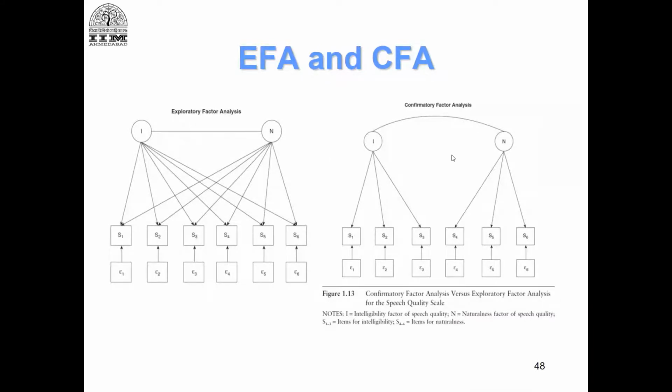Whereas in a confirmatory factor analysis, we make an a priori judgment. We are making a claim that S1, S2, S3 are items belonging to I, and S4, S5, S6 are items belonging to N. So we are making that a priori judgment.